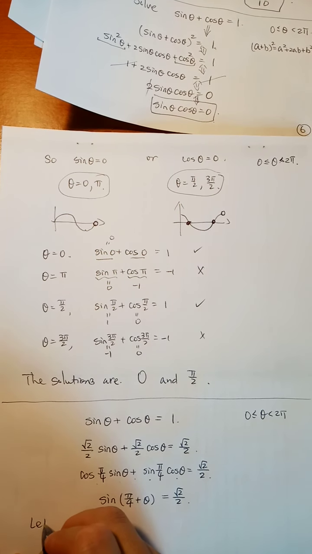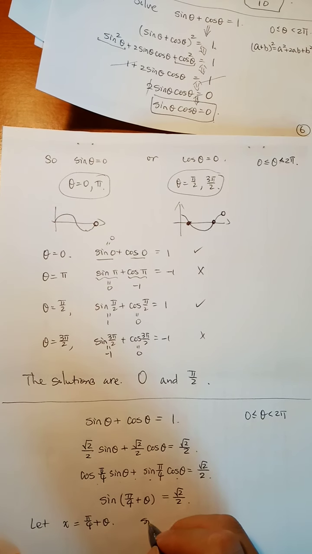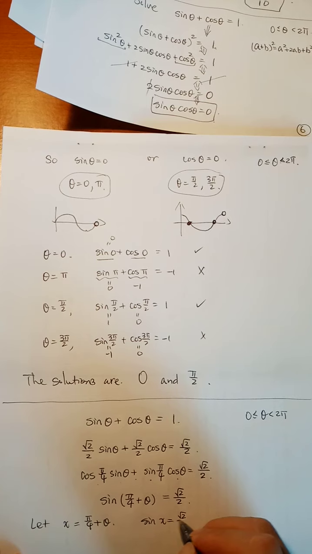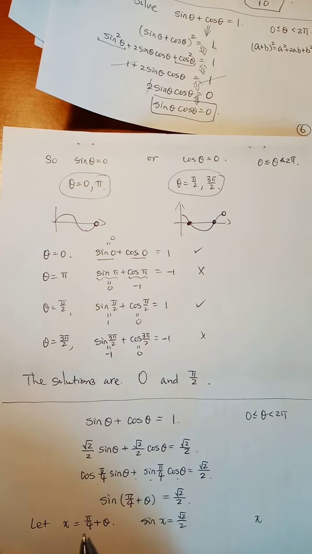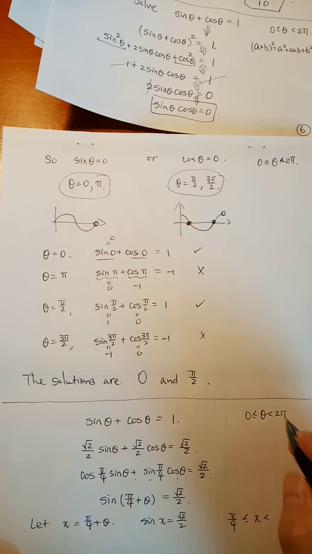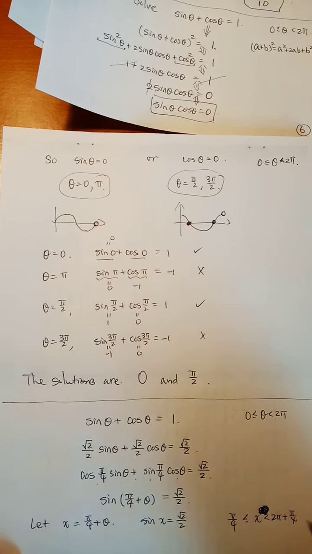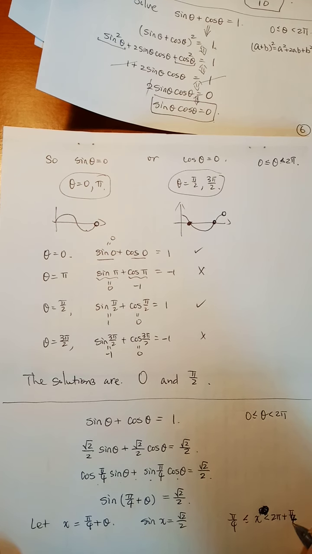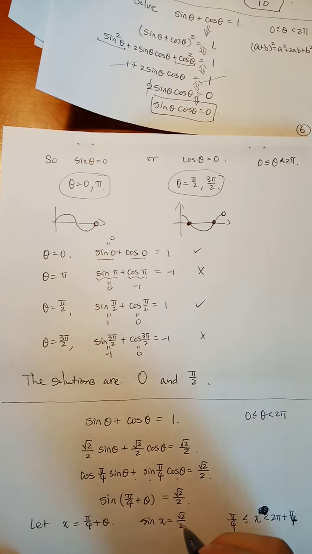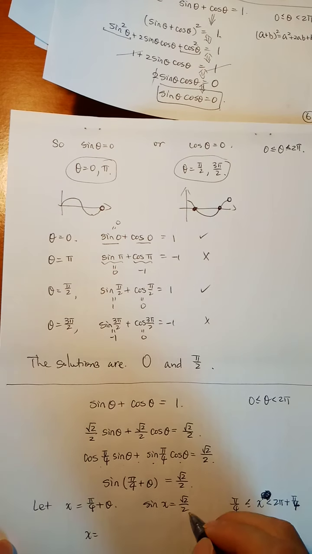Let x be pi over 4 plus theta, then you get sine x equal to root 2 over 2. Since theta is between 0 and 2 pi, x is between pi over 4 and 2 pi plus pi over 4. Sorry, my bad. So sine x is root 2 over 2. What is the answer? x is pi over 4.